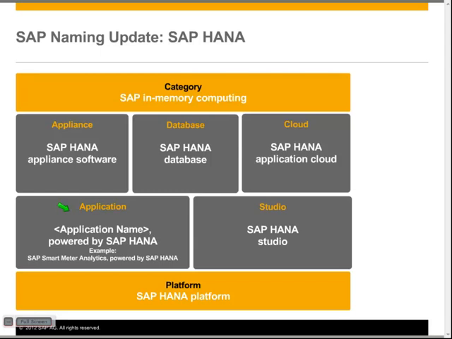An example here would be SAP Smart Meter Analytics, powered by SAP HANA. Finally, we have the studio here, which is the cockpit or the control station of HANA, where you can model, you can administrate, you can deal with security, anything really in relation to administrating and modeling on your HANA database.